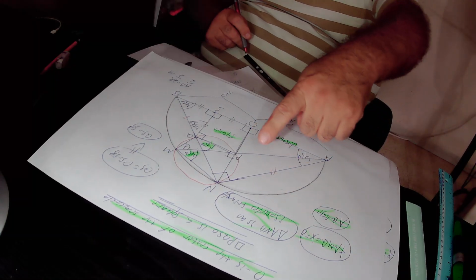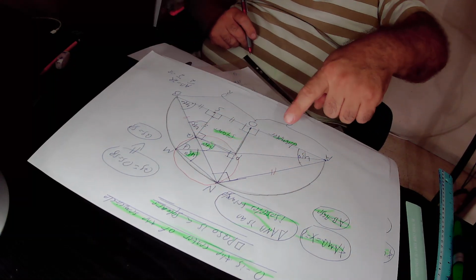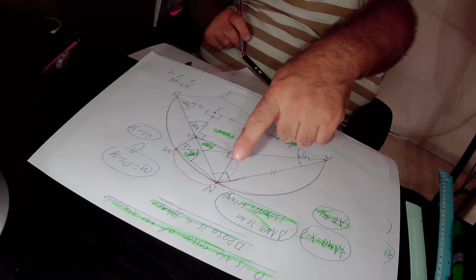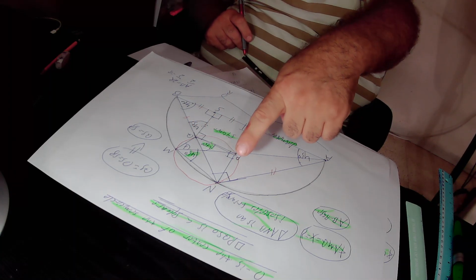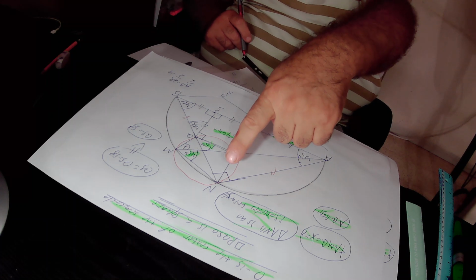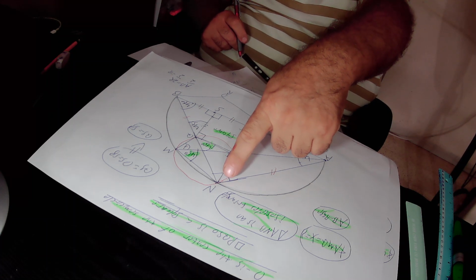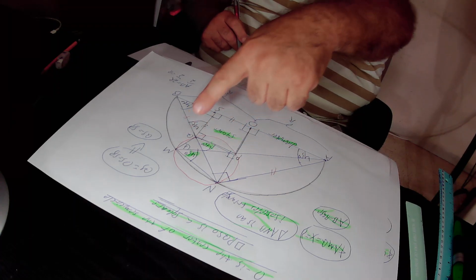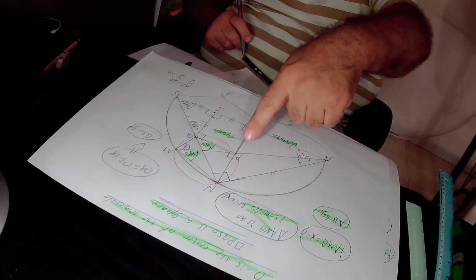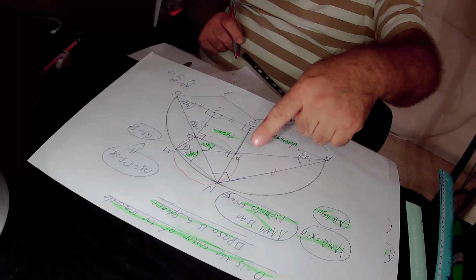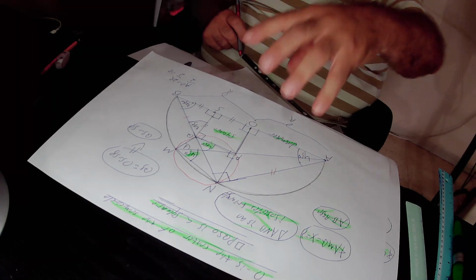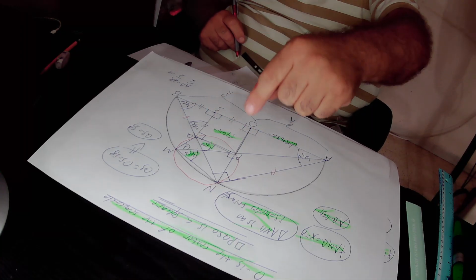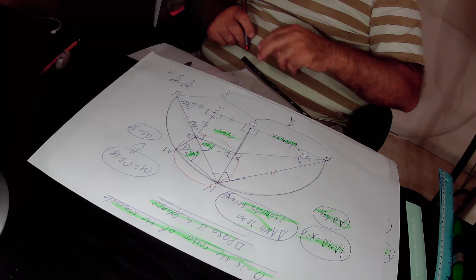The red circle encloses this quadrilateral P, Q, M, N. Why? Because all the four vertices of quadrilateral P, Q, M, N touch the red circle at different points. This is point N, this is point M, this is point Q, and this is point P. So quadrilateral P, M, Q, N is described by this red circle.